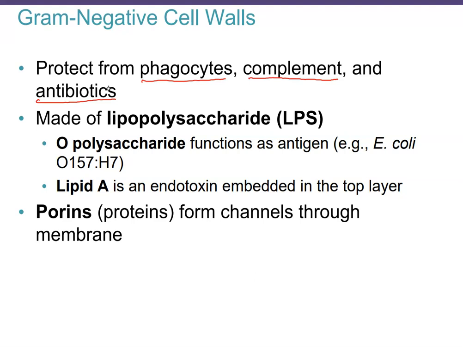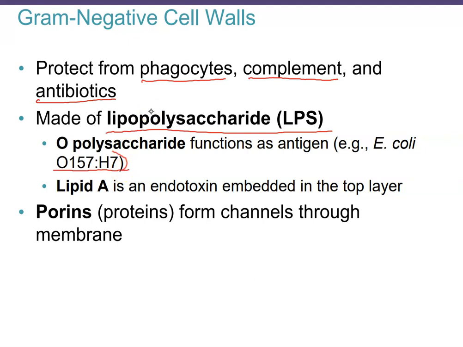But anyway, specific to gram-negative cell walls are these lipopolysaccharides, LPS. And you already heard about that particular strain of E. coli that can make you sick. There's the O157:H7 strain. We heard already about the flagella component, that's the H7 right here.